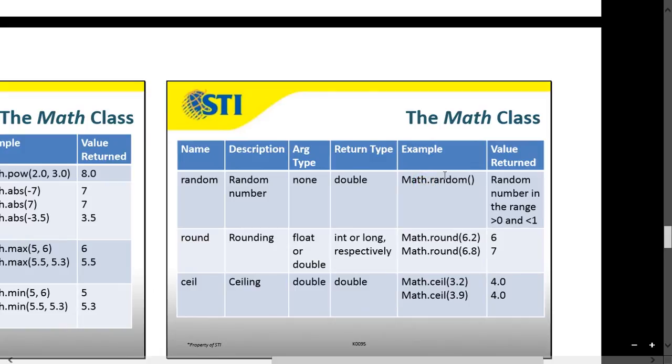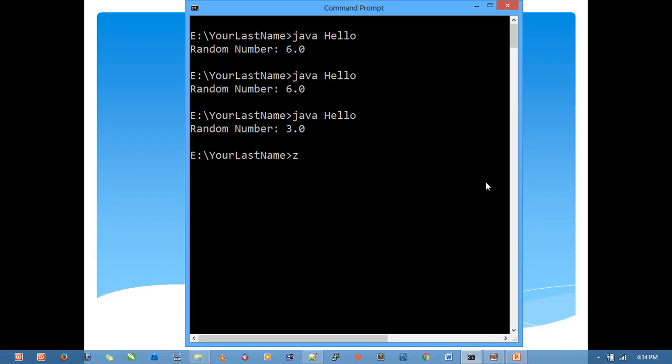So what does it mean? The value that would be returned is in a range of greater than 0 and less than 1. That means 0.0001 up to 0.9999. So how can I get a whole number from it?